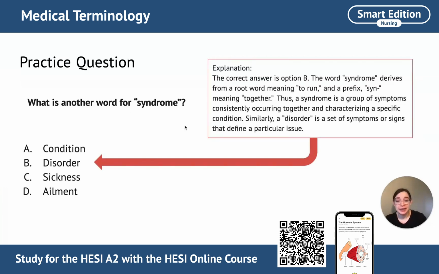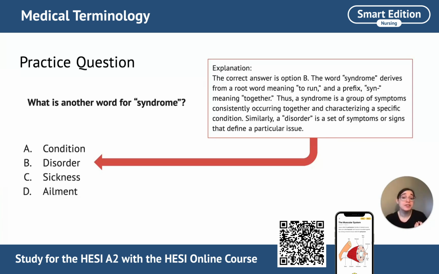So let's break down the word syndrome here. The root of this word, drome, means to run, and the prefix syn means together. So when we put those two together, to run together, a syndrome means a group of symptoms that consistently occurs together and thus characterizes a specific condition.